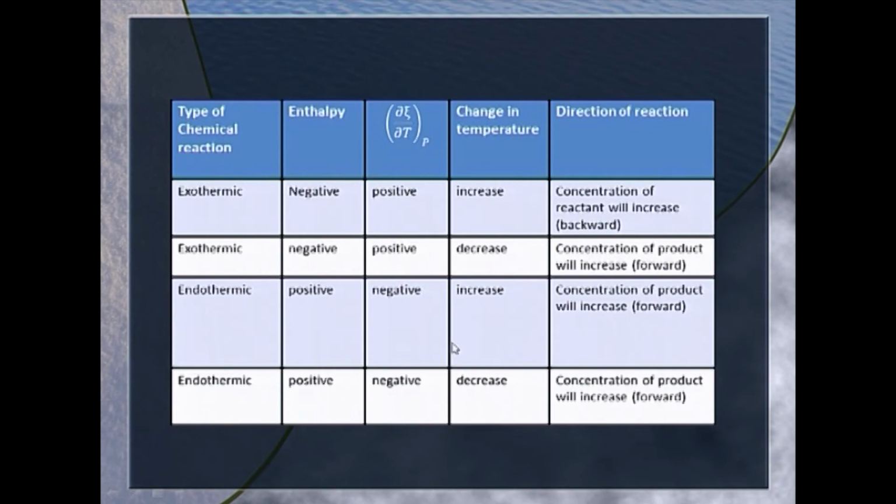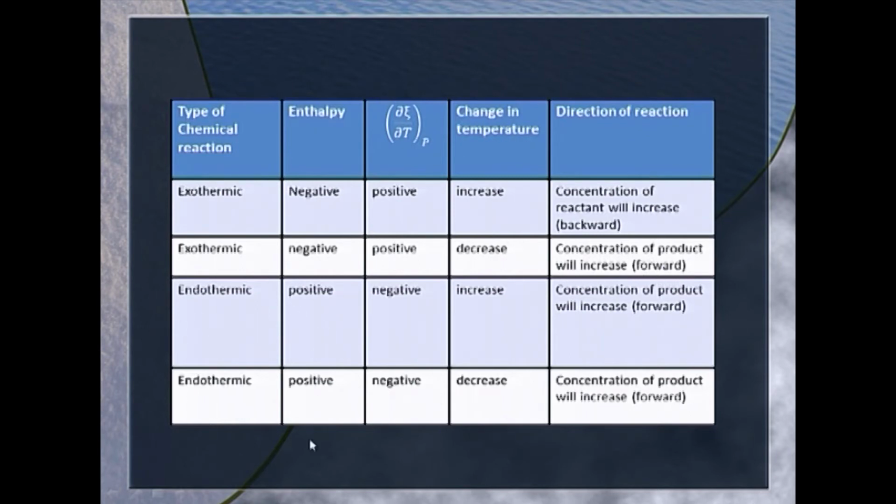This term has to be negative, so if the temperature is increasing, the concentration of the reactant will increase. So, it is going in a backward direction. If the temperature decreases, this term ∂ξ by ∂T is positive, and the concentration of product will increase, going forward.